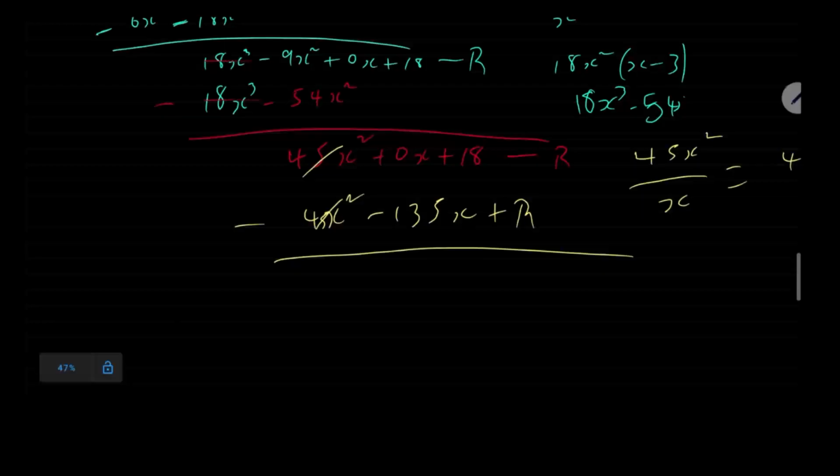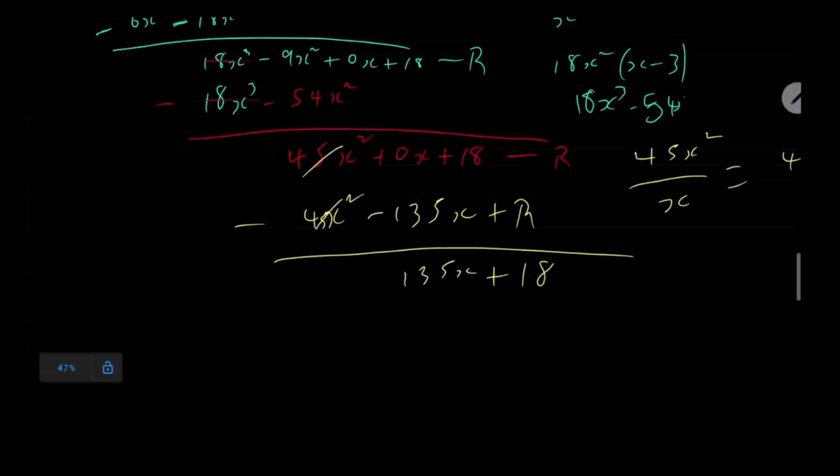So we are going to have 135x here, right? And when that happens, what is next to do? Next to do is plus 18.